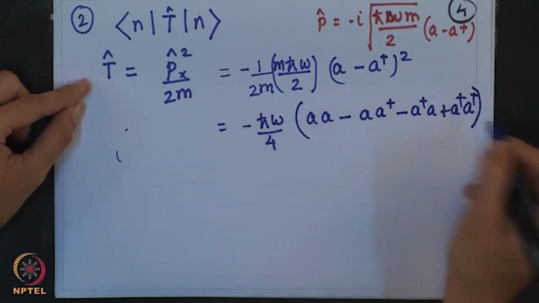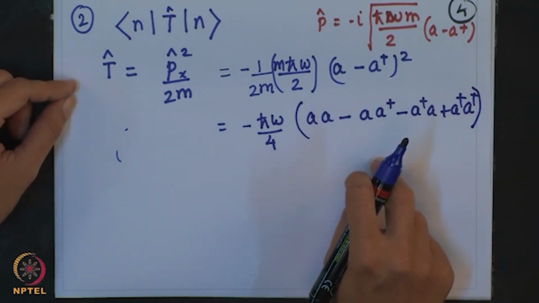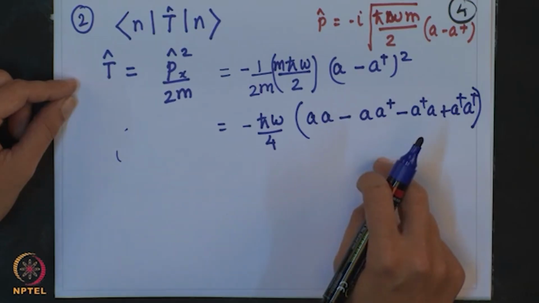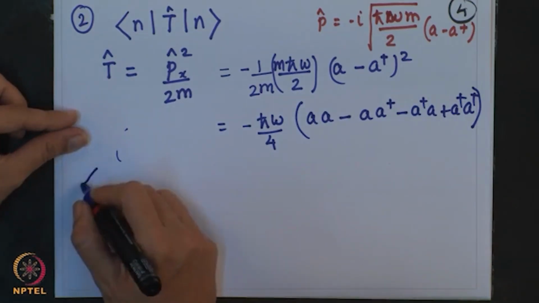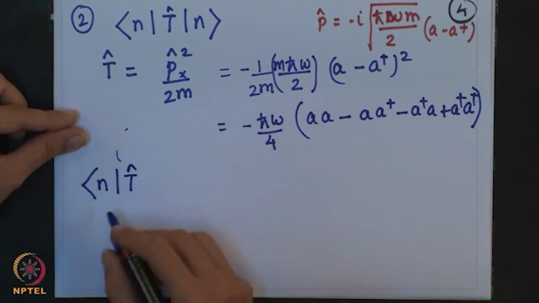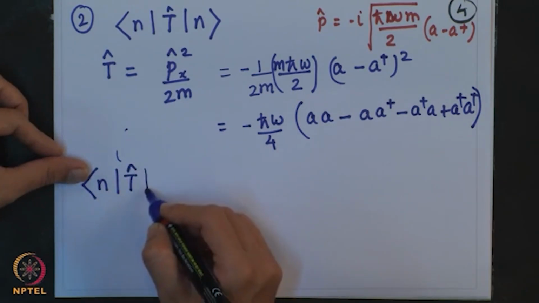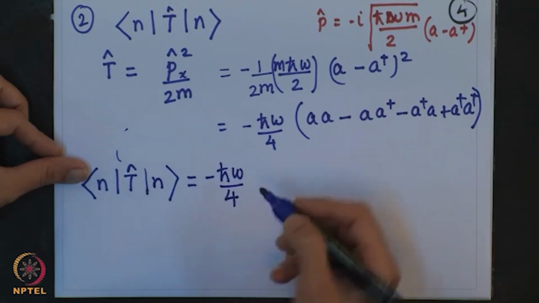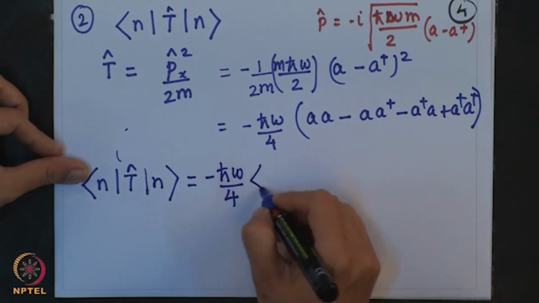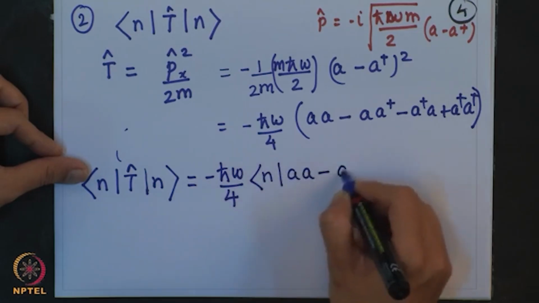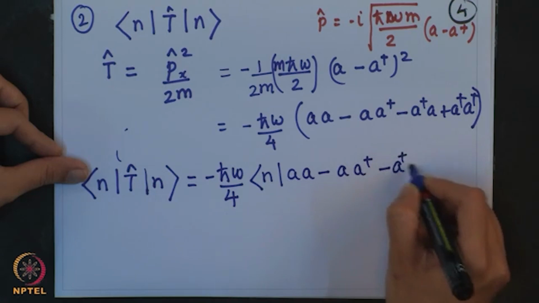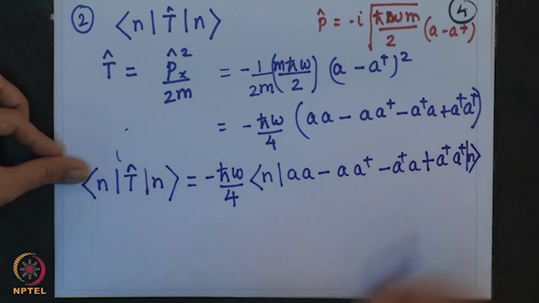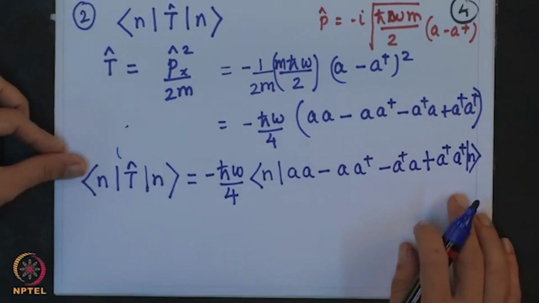So, this is the term which you will sandwich between the ket n, that is state n, the initial state, and the final state is n. Okay. So, now for the kinetic energy operator, the matrix element will be this constant term, which I can take outside, and then I will have a a minus a a dagger minus a dagger a plus a dagger a dagger between n and n. Okay. A huge expression.